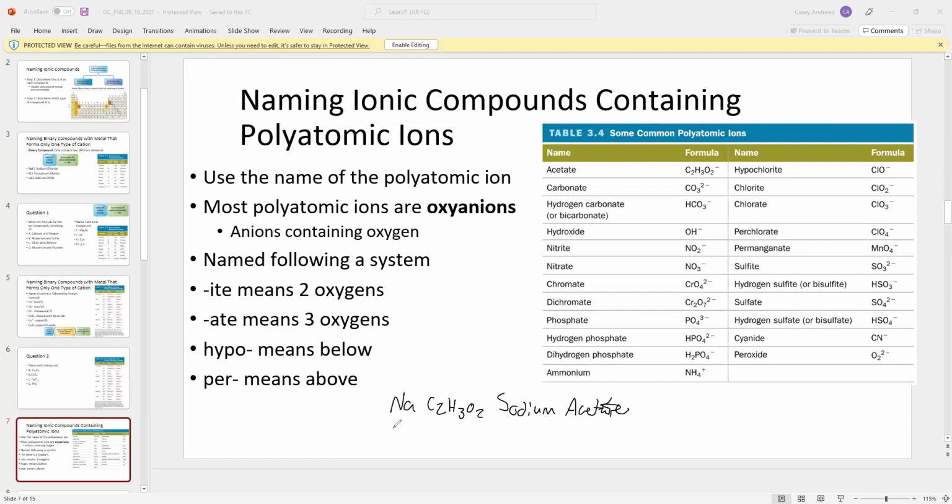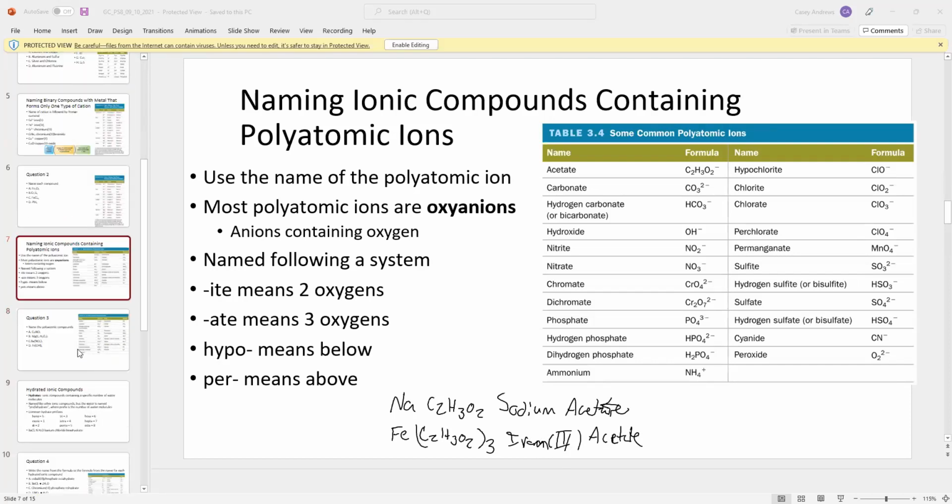Or this is iron(III) acetate. So the metal is determining whether you use Roman numerals or not.